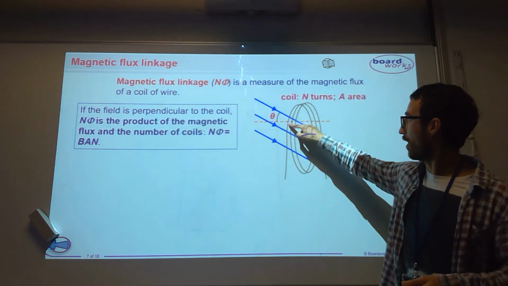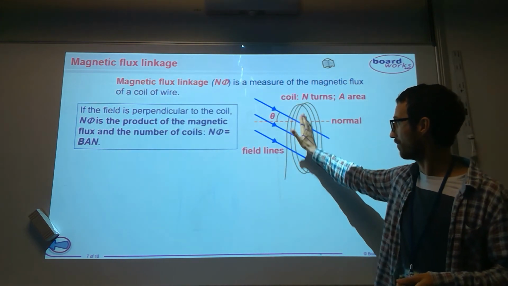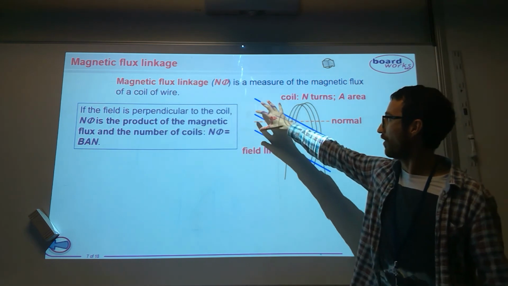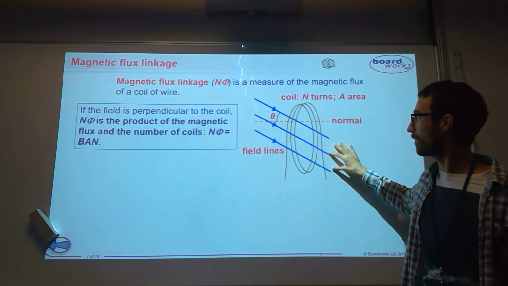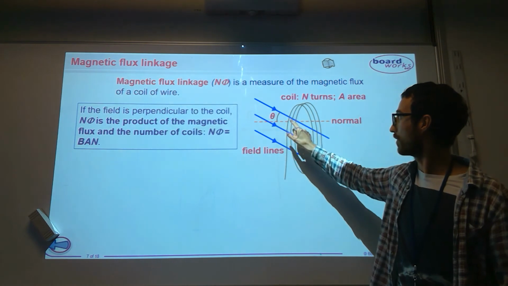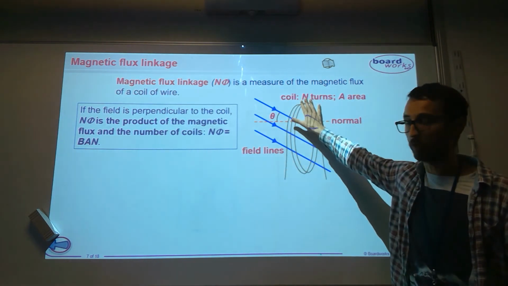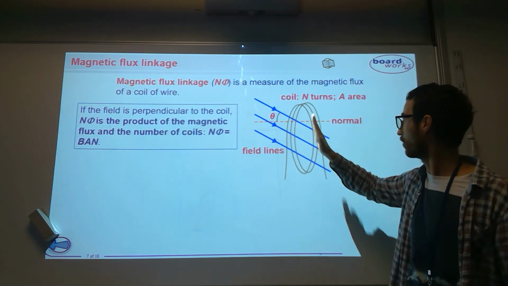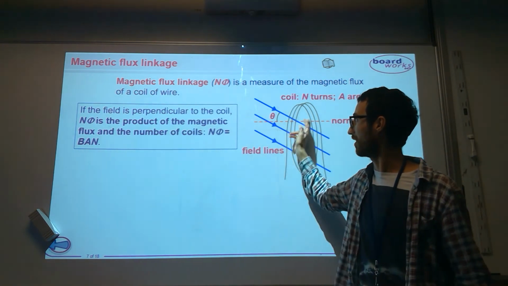Now, let's take this coil of wire here, which has a kind of area here, and the field lines are coming in at a small angle theta. This here is normal to the area of the coil. So imagine an area of the coil, this line here is drawn normal.